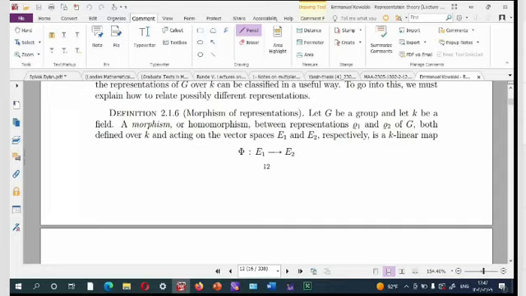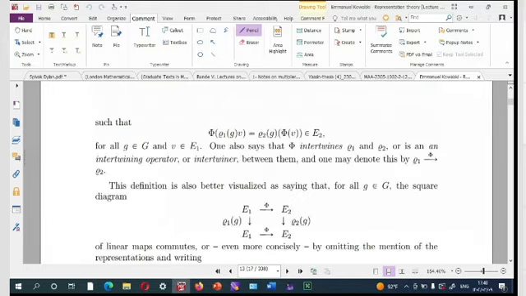A morphism or homomorphism between representations rho 1 and rho 2 of G, defined on the vector spaces E1 and E2 respectively, is a K-linear map phi from E1 to E2 such that phi of rho 1 of g of v equals rho 2 of g of phi of v for all g in G and v in E1.